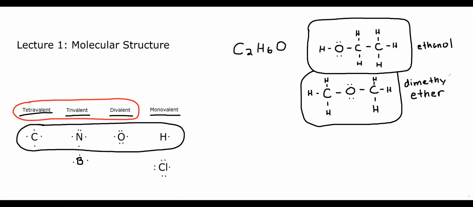Dimethyl, methyl meaning CH3, and di meaning there's 2 of them. So this would be dimethyl ether. And up here we have ethanol. Now you should be able to see, again, why these are different. The backbone, the connectivity of these is different.